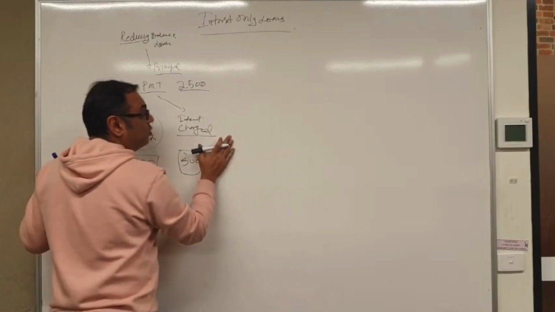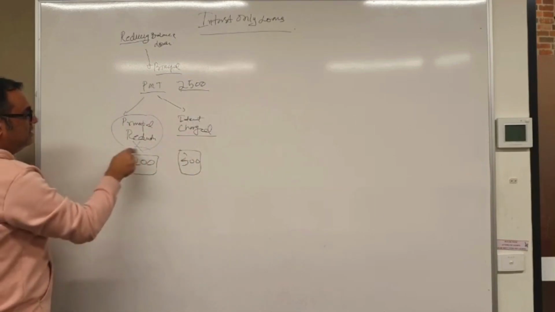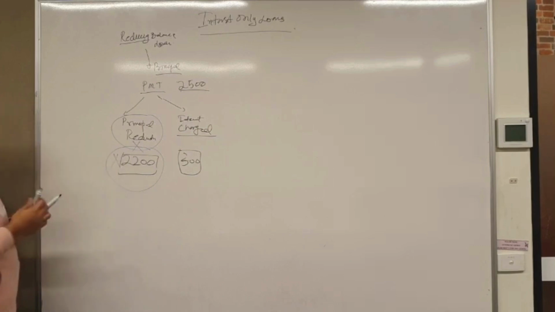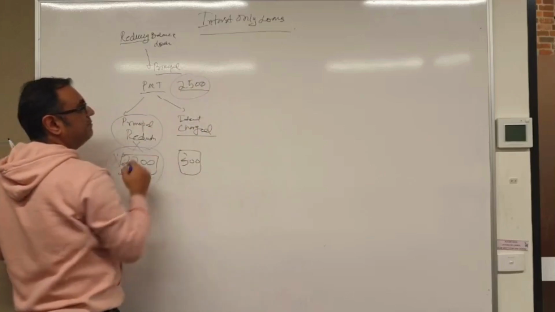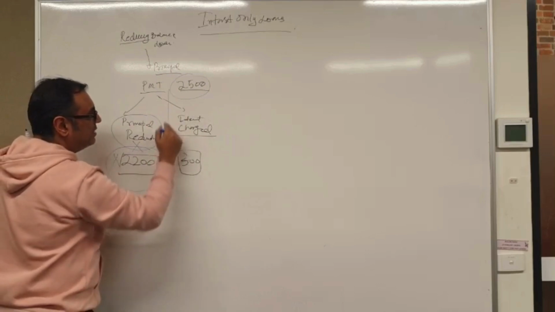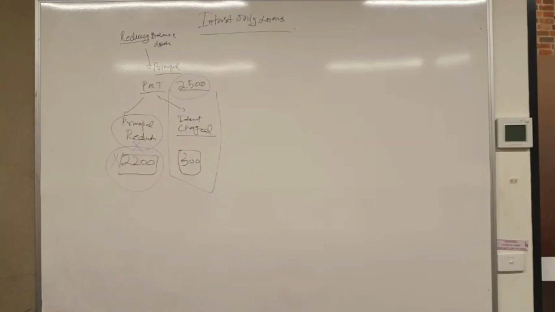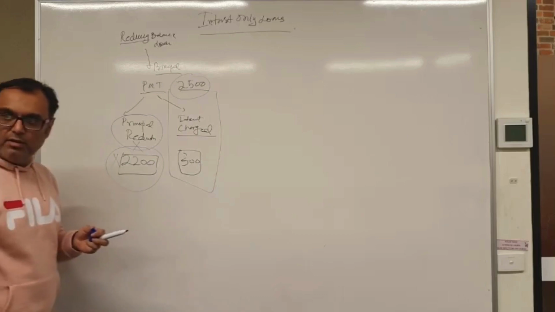Now, in the interest-only world, as I said, this does not exist. And hence your PMT is not that heavy, because your PMT is only the interest part, and interest portions are small.